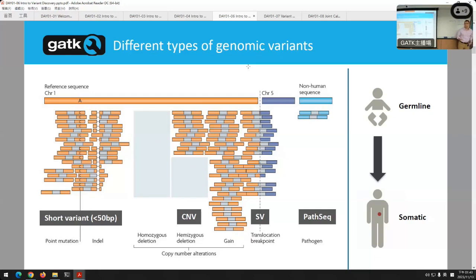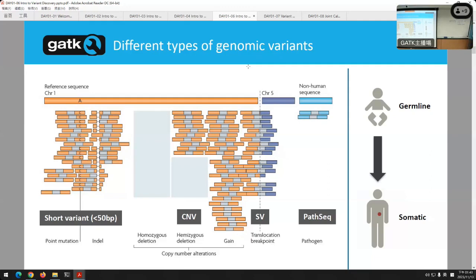They're only present in some, maybe one cell, or if that cell keeps that copy and divides and replicates, a few cells. And when those cells then misbehave, and we'll talk about that in the cancer section, that turns into a tumor. Okay, so for today we're mostly focusing on germline.